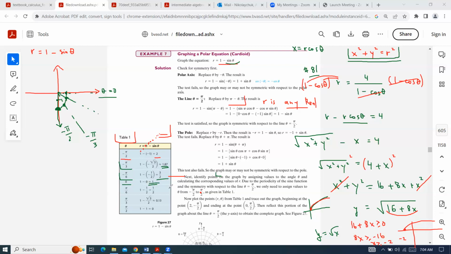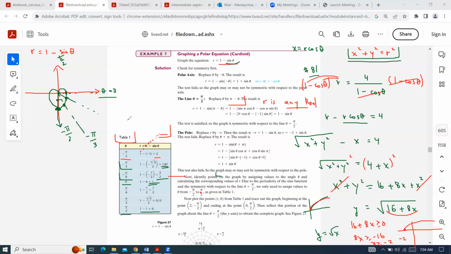And then it turns out when you get the angle pi over 2 exactly, it's again 0. So the way that goes, it just keeps getting closer and closer and closer to this point, and then it hits it when angle is pi over 2. And then it turns out on the other side it's going to be symmetric, and you get a picture like a heart, and that's what they produce.